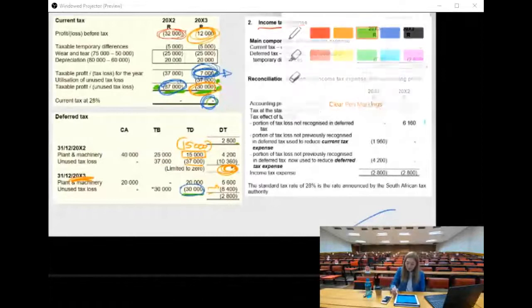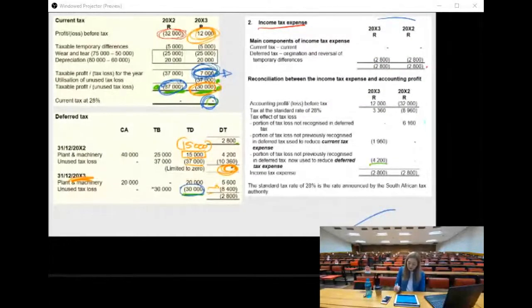But anyway, good. So the 4,200 in the recon, what that amount is, remember now, in 20X2, as we said, we had the 37,000 unused tax loss, but we could only recognize 15,000 of that in order to get to a zero balance. So we could only have a minus 15,000 actually in there.